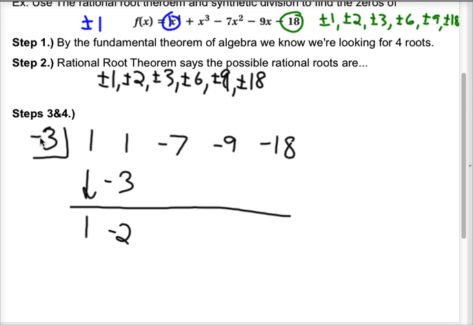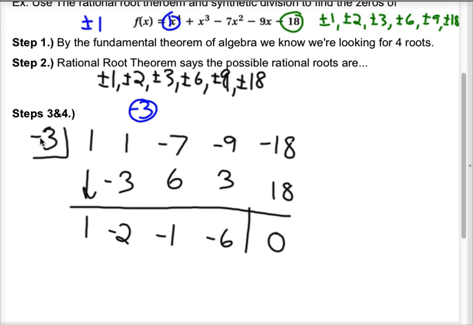Add, multiply by the -3. Add, multiply by the -3. Add, multiply by the -3. Add, and it is a true root. So I'm going to put -3 on my list of true roots.